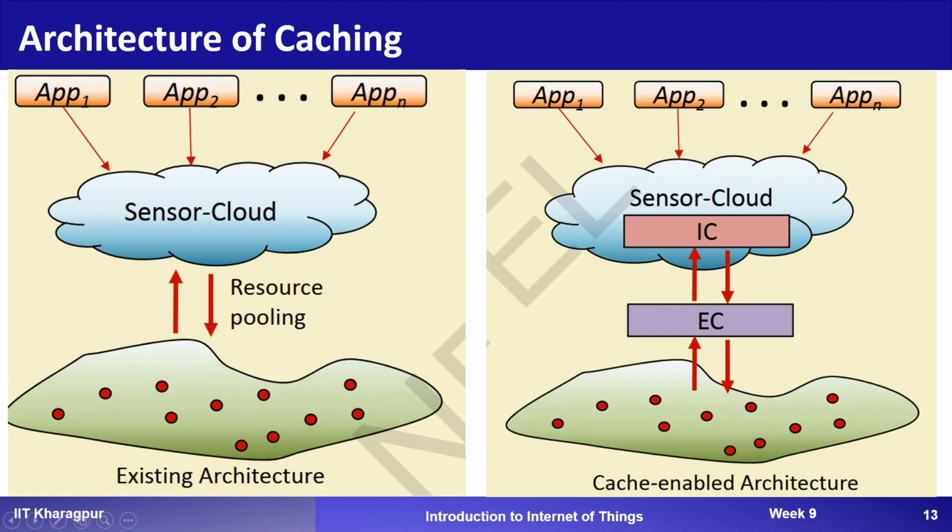However, in case of cache enabled architecture, whenever your applications want data, this internal cache will decide whether to provide the data from the internal cache only or whether to take the data from the sensor cloud or from the physical sensor. So basically, if the data present here is relevant, it will directly give the data to the end application.